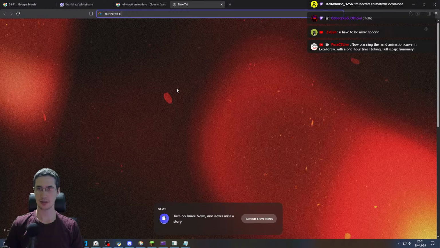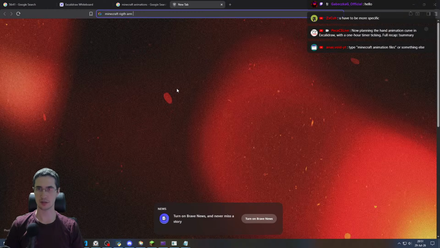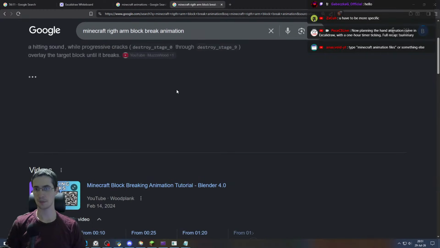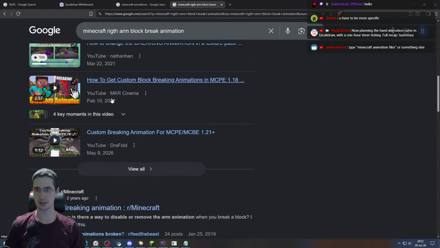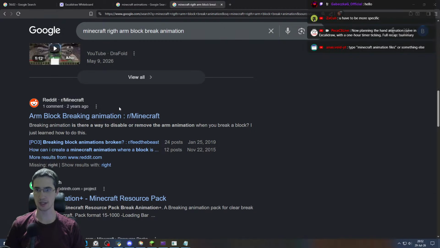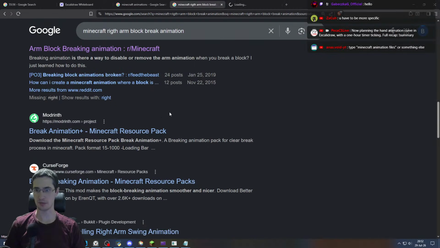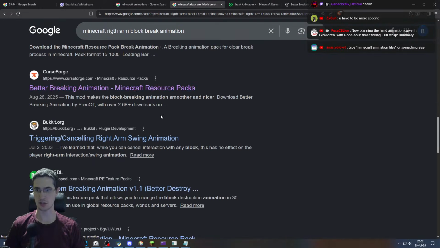Minecraft right arm block break animation. Not this one with the textures, we have access to it. We have the block break texture animation, we have that. I just want the arm animation. Break animation plus better break animation.